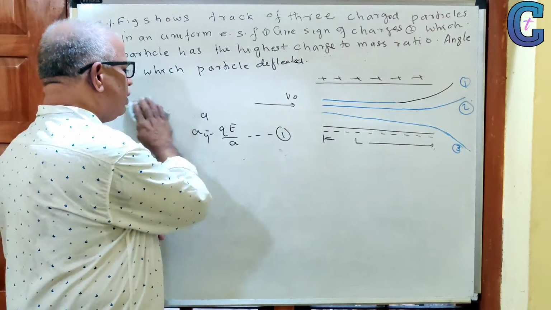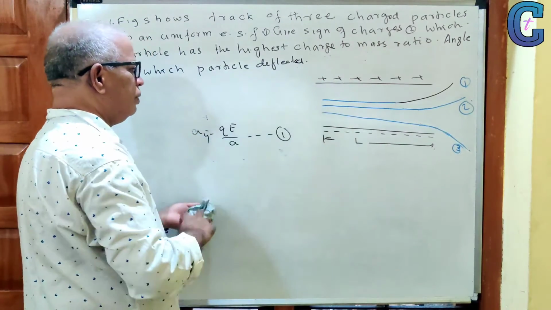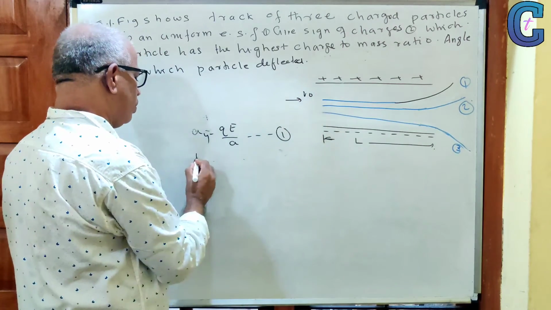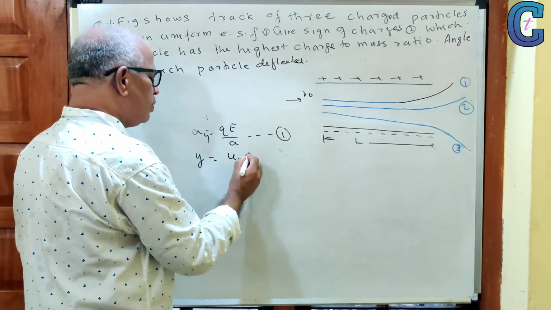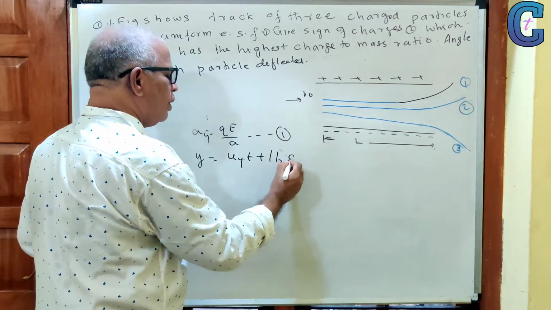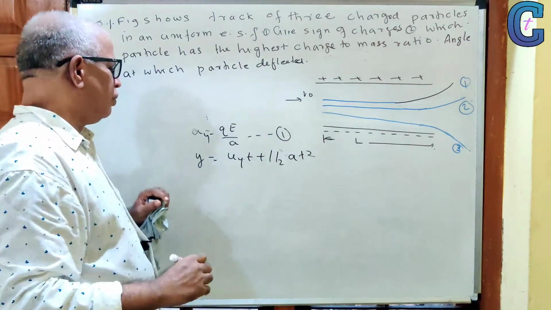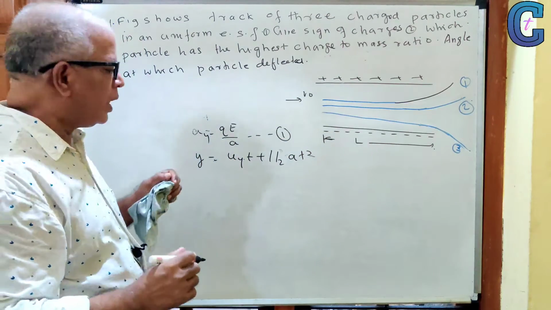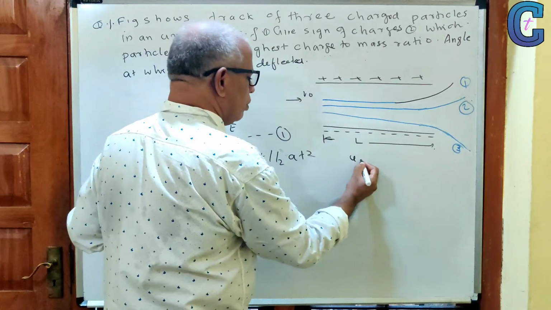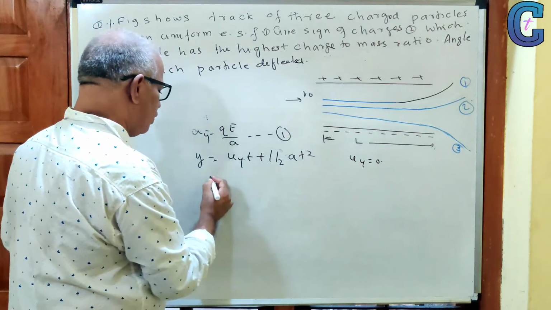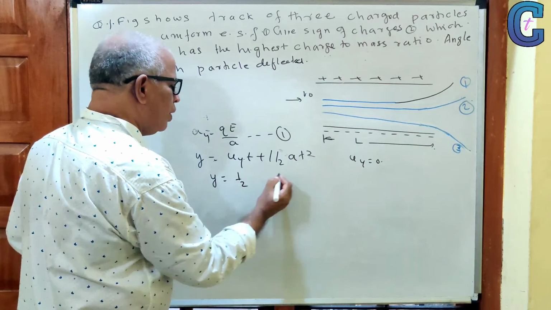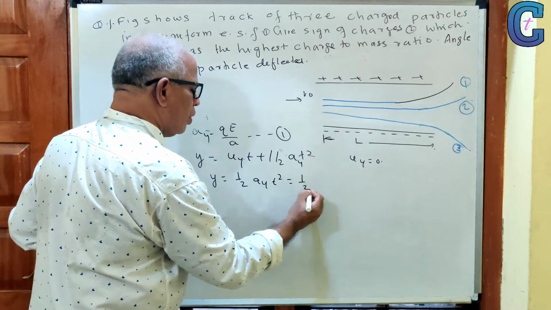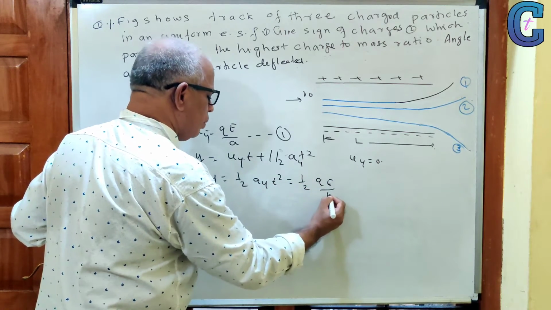So what will you get? y is equal to uy t plus half ay t square. Here uy is 0. Entering with the velocity v0, there is no component of velocity in the vertical direction. So y is equal to half ay t square, that is, half QE by M into t square.